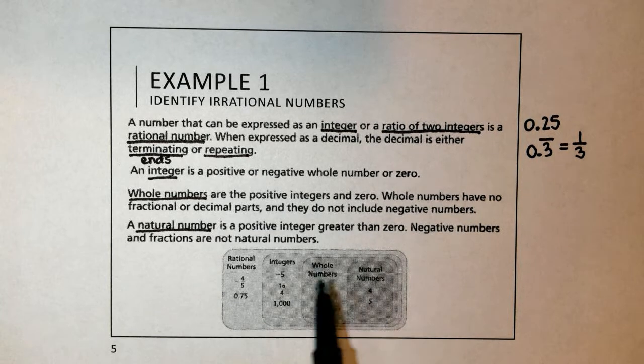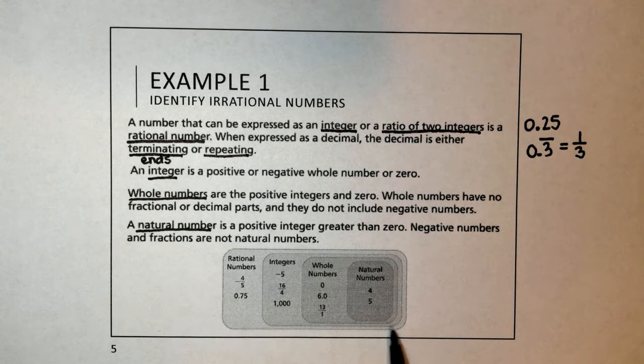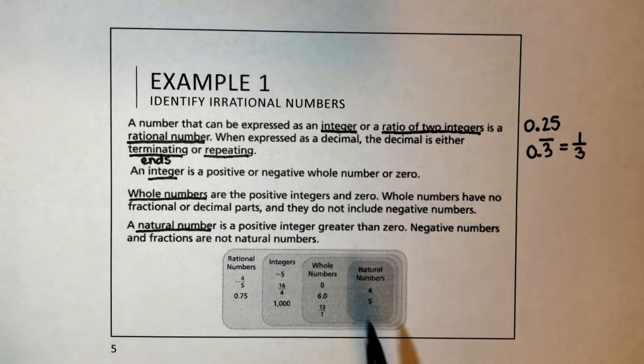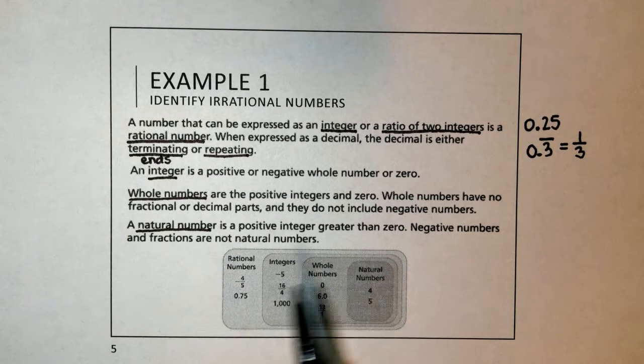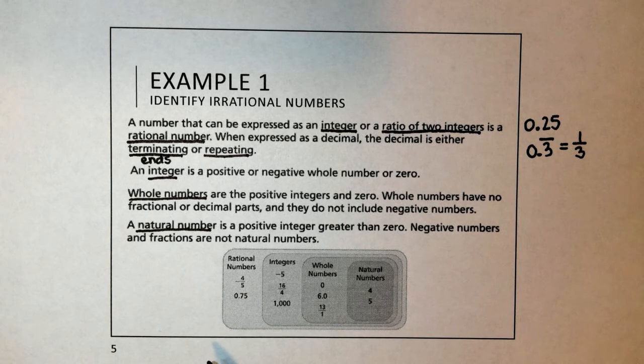There's this diagram down here that encompasses all of these things. The big outside rounded rectangle says rational numbers. Remember, rational numbers can either be terminating or repeating decimals, and it's an integer or a ratio of integers.